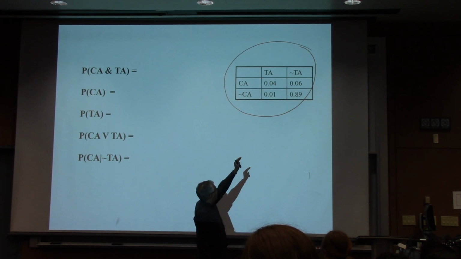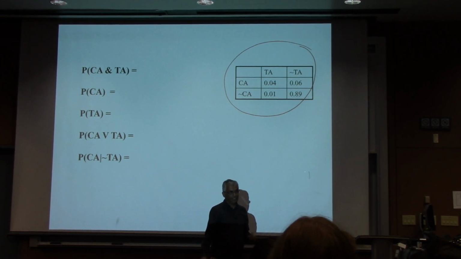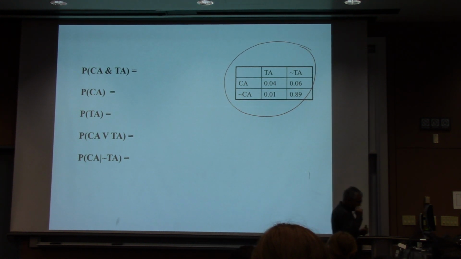The probability that they will have no toothache but have a cavity is 0.06. The probability that they have no cavity but toothache is 0.01. The probability that they have no cavities and no toothaches is 0.89. You would expect that, right? Random people probably have reasonable teeth.